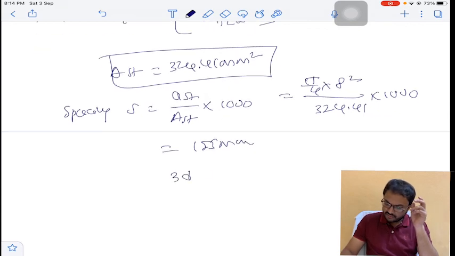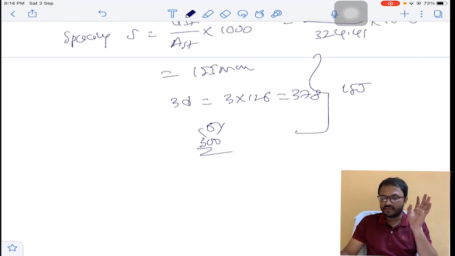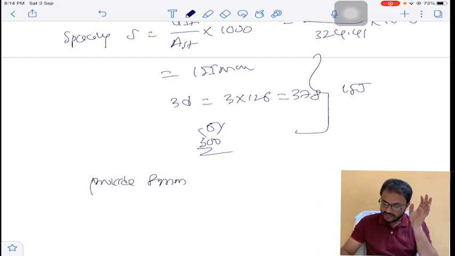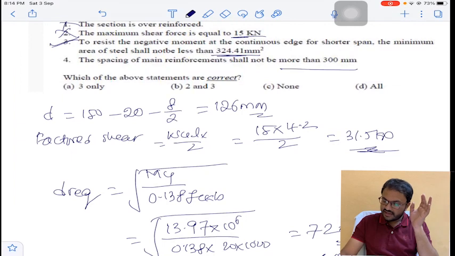Or we can provide 3 times d, that is 3 times 126, it is 378, or 300 mm. So out of these, whichever is minimum, that much spacing we can allow maximum, that is provide 8 mm bars at 155 mm center to center. So he has given 300 mm. Statement 4 is also incorrect.